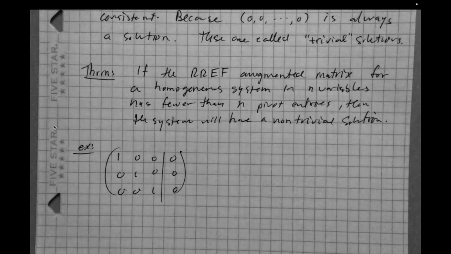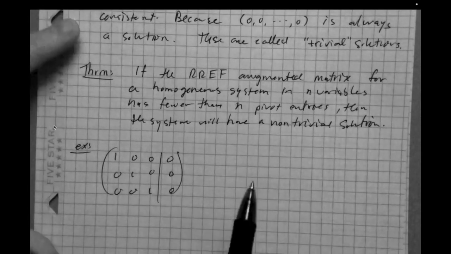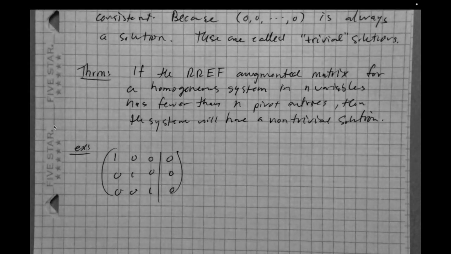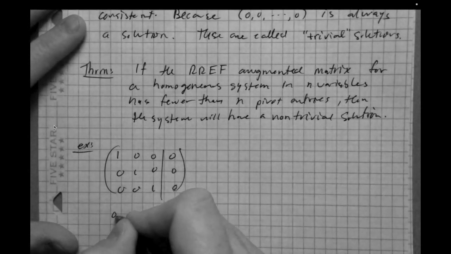This matrix has n variables, and each of them has a pivot entry. So n variables, 3 in this case, and all 3 of them have non-zero pivot entries. So this has only the trivial solution.